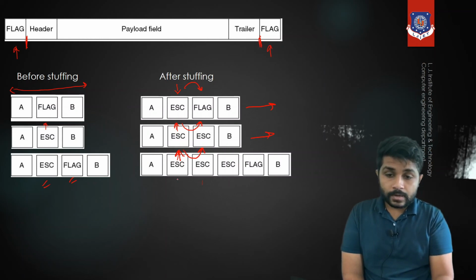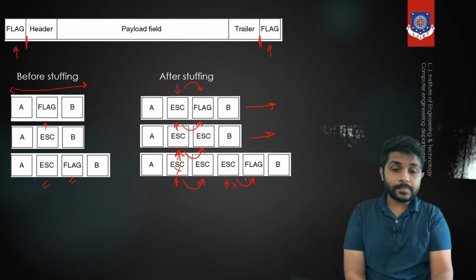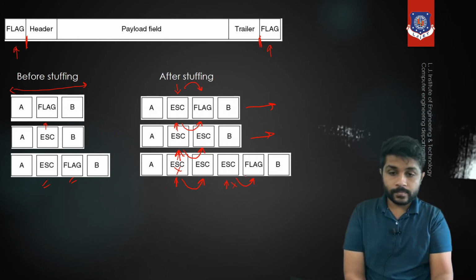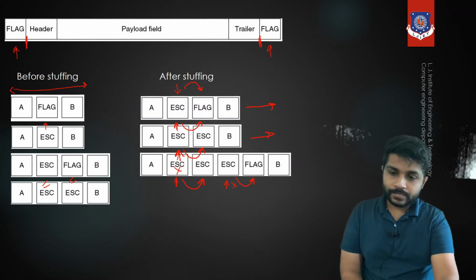So when the receiver encounters the first escape character, it will discard it and keep the data after it as a part of the frame. When the receiver detects one more escape character, it will discard it and keep the data after it as a part of the frame. Okay, so this is how the framing method works.